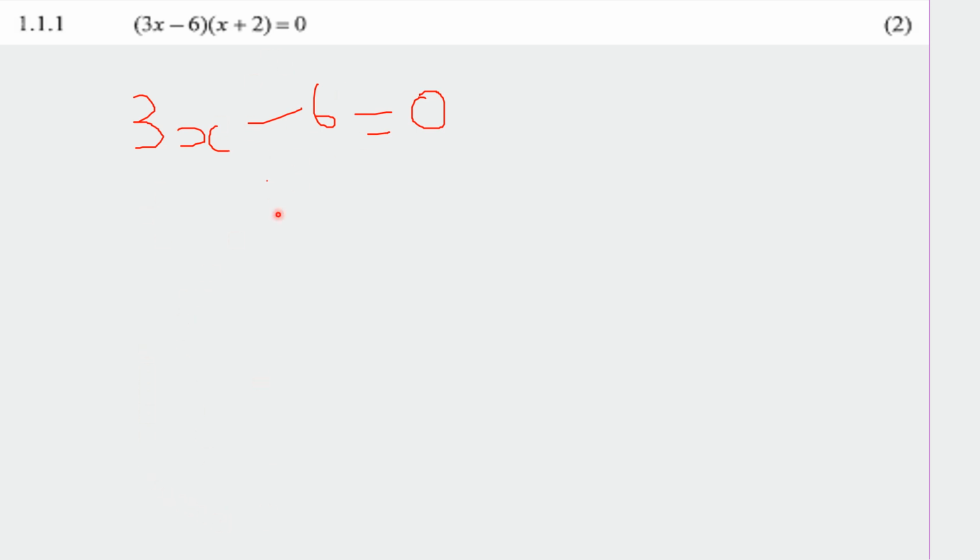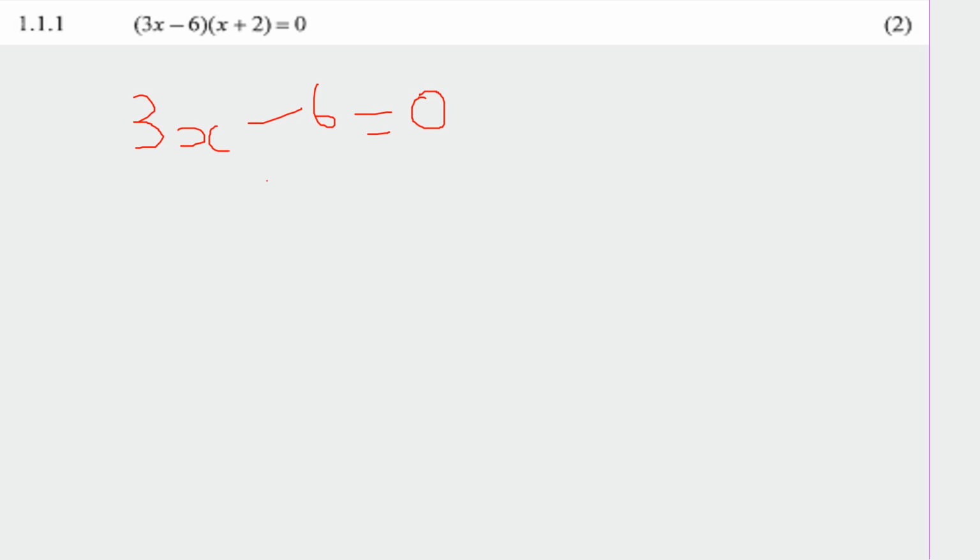Now let's get the first value of x. I say the first value of x because we can also do the same thing for x plus 2, but we will look at that later. So here we have 3x minus 6 equals 0. We have to transpose negative 6 to the other side.